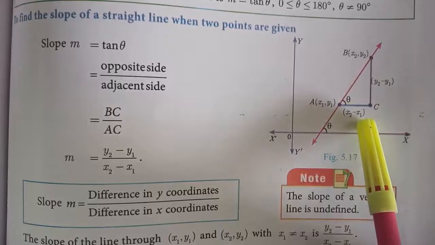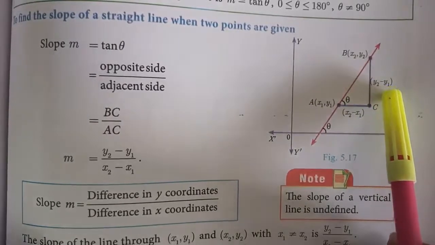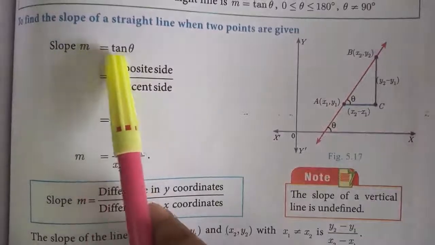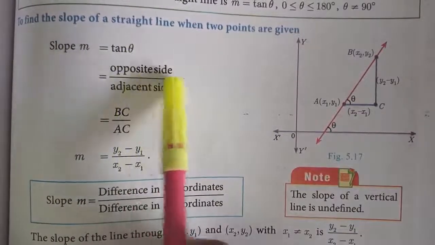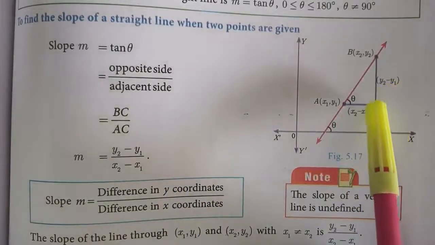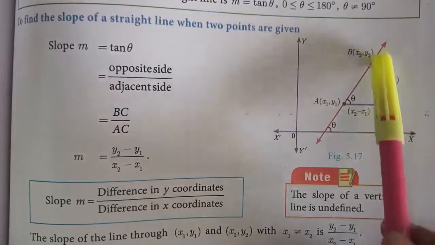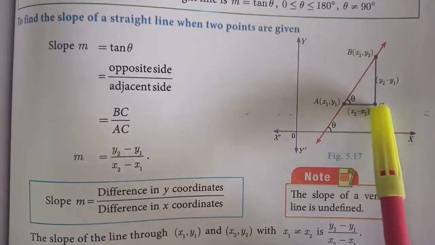So x2 minus x1 here, and this is y2 minus y1, because slope m is equal to tan theta, which is equal to opposite side by adjacent side. This is the opposite side, this is the adjacent side and this is your hypotenuse. So BC divided by AC.